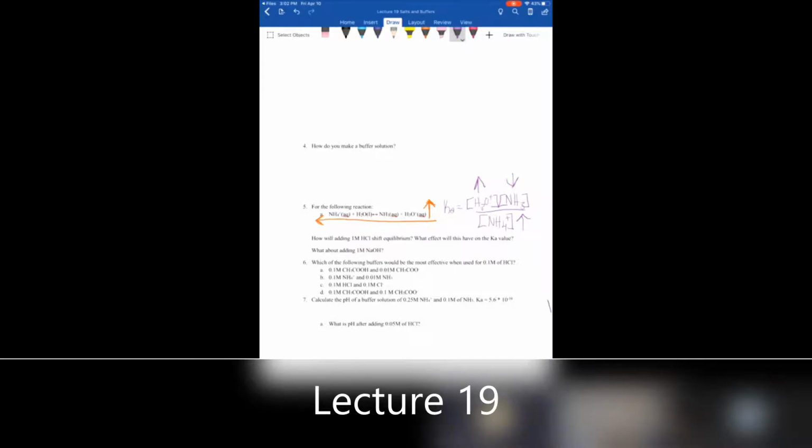This one's tricky because your NaOH is going to react with NH4. Okay. So it's going to decrease your NH4 concentration. And if your NH4 concentration decreases, which way will equilibrium shift? To the right. Are you sure? Oh, wait. Let me think.